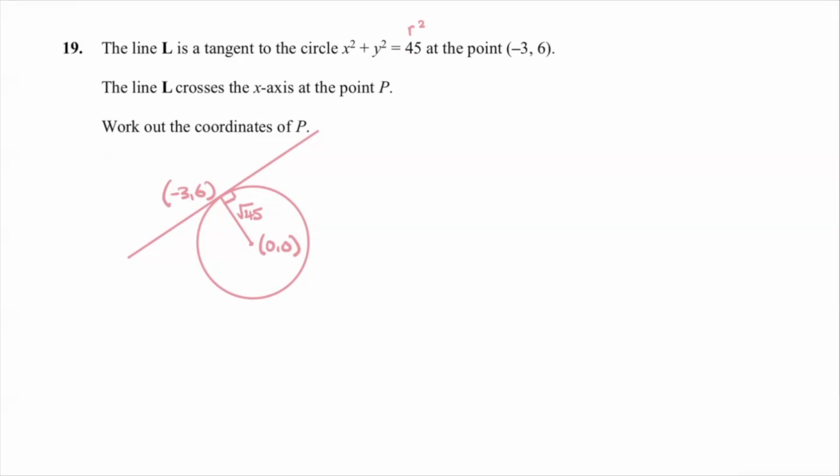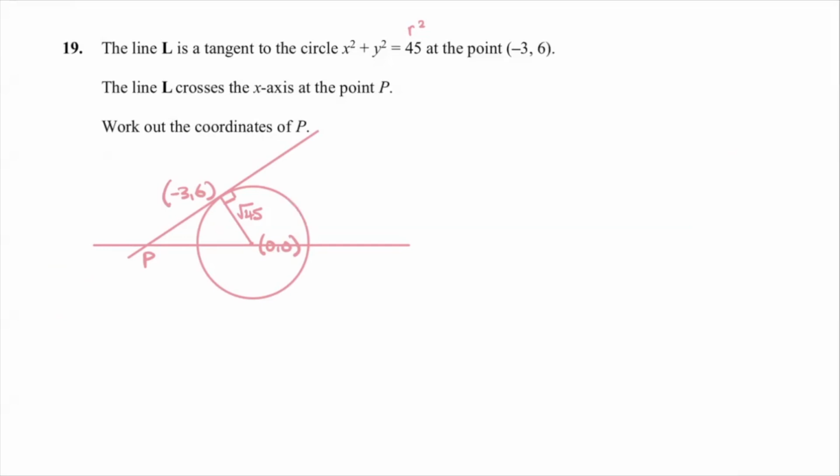The line L crosses the x-axis at the point P. So I now need to get that x-axis on. So that's going to be a straight line through the center. That's gone on quite well. And that, therefore, is my point P. And before I do anything else, I can actually consider that coordinate.